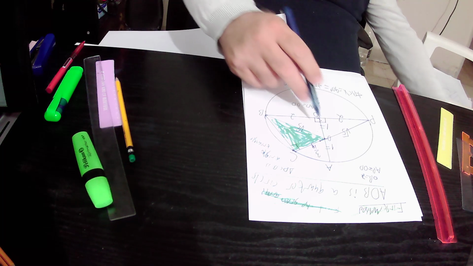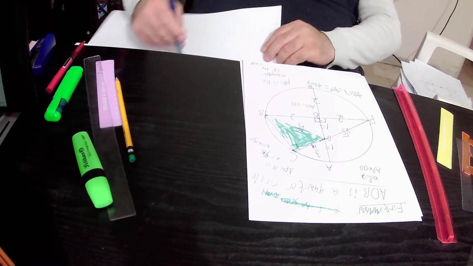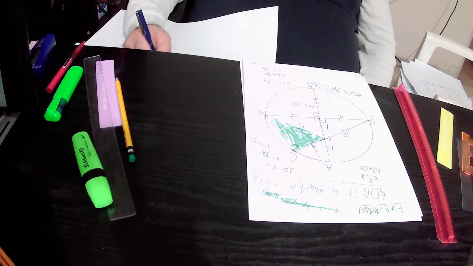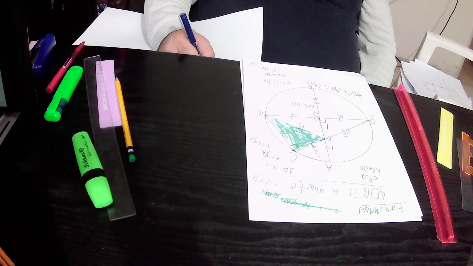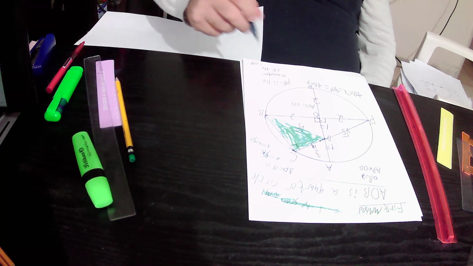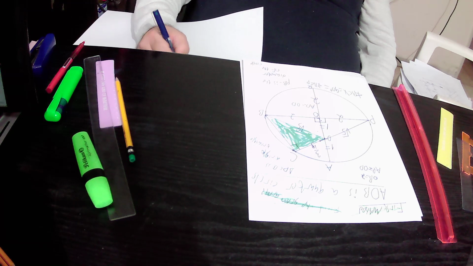The hypotenuse is DB, therefore the square of the hypotenuse is DB squared, which equals DC squared plus CB squared.